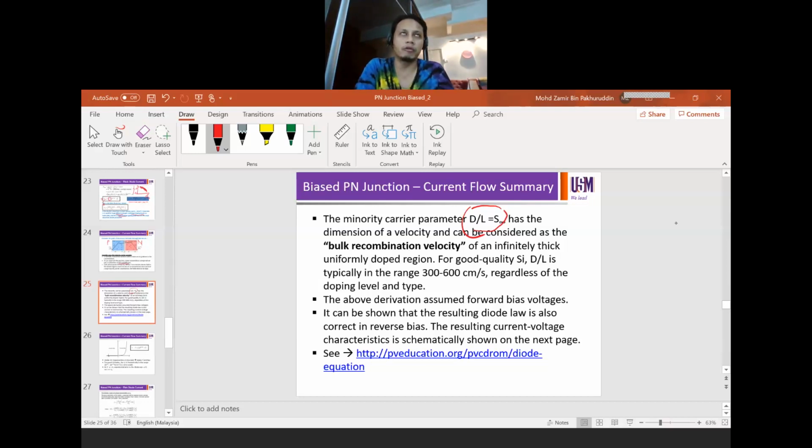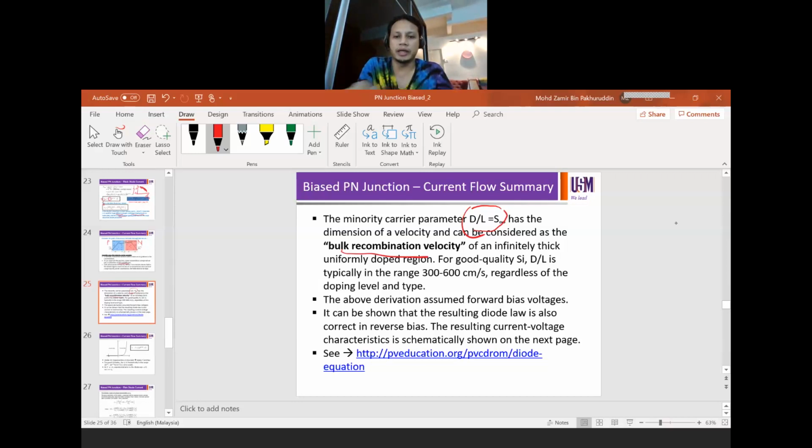All this while we've been talking about surface recombination velocity, but we do also have bulk recombination velocity, right? But it's not that dominant when you talk about the bulk effects, as compared to the surface, right? We'll see why later on.